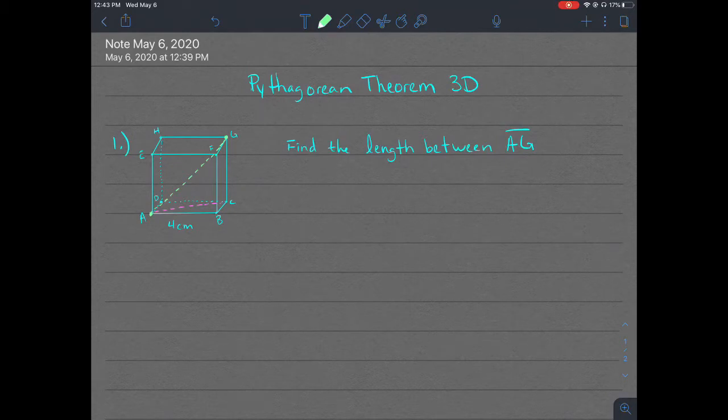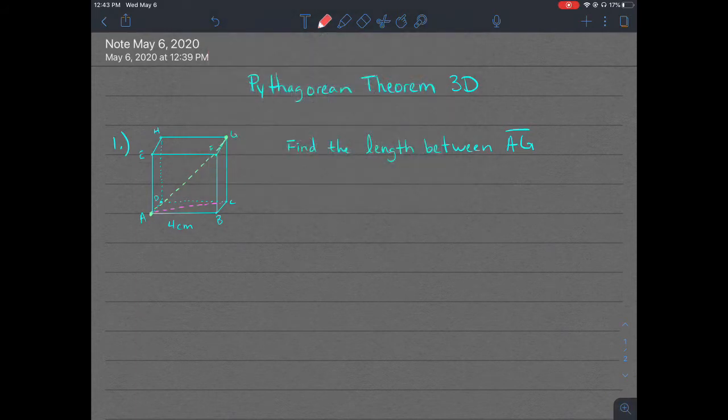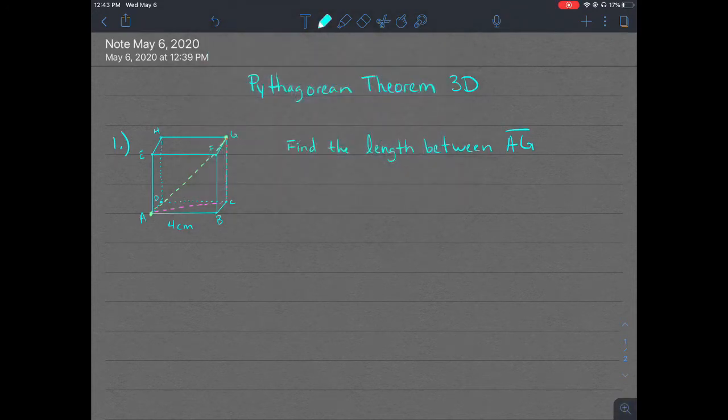So think as if you're looking at this cube from the side, but you're actually looking all the way through it. So all of the measurements we need, all of these colorful ones, we need the green one, the pink one, and the red one. We need all 3 of those side lengths. Currently we do not have the pink one and we do not have the green one, but we do have the red one.